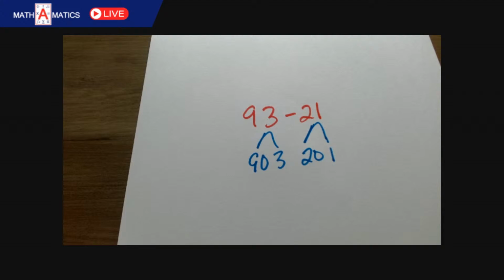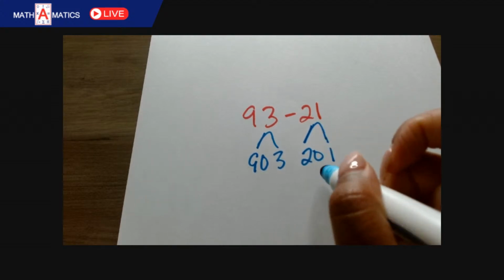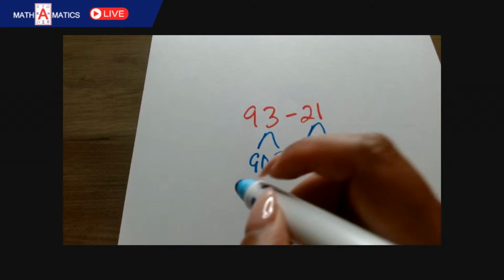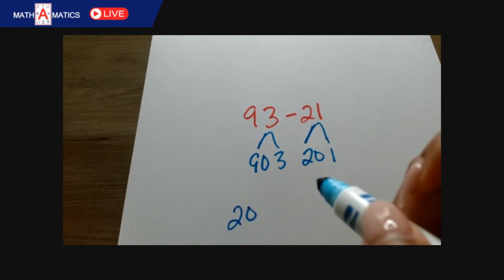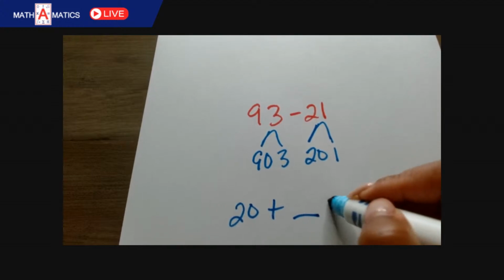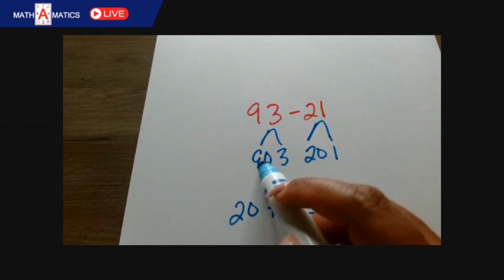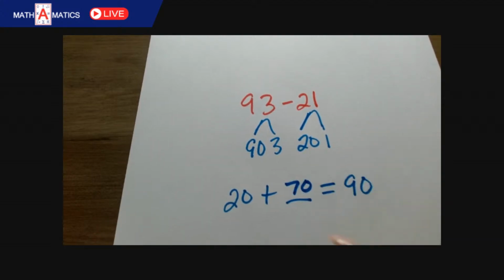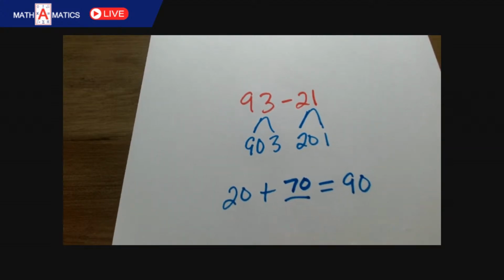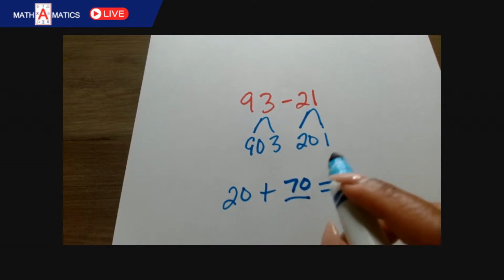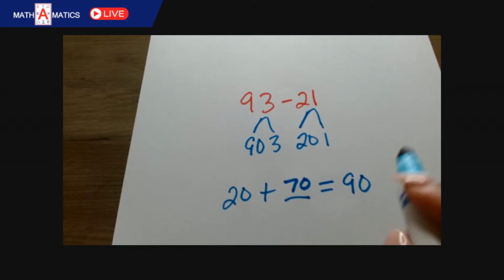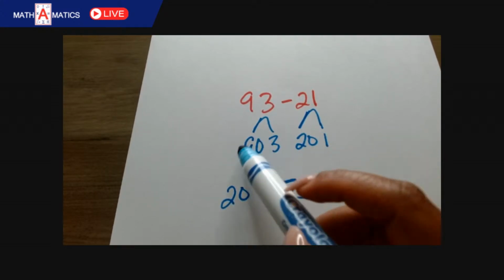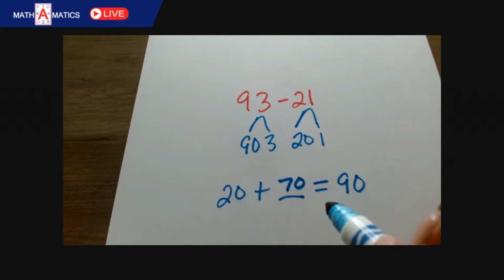So what do I mean by that? We know that if we are at 20, 20 plus what will give us 90 is what we're really asking ourselves. And that will be 70. Okay. And then we will take this 70 because our goal is we want to get to 93 here.